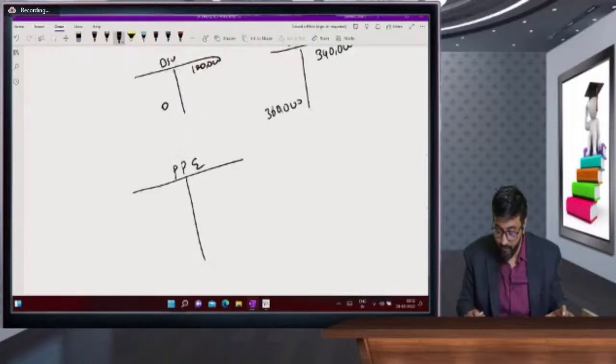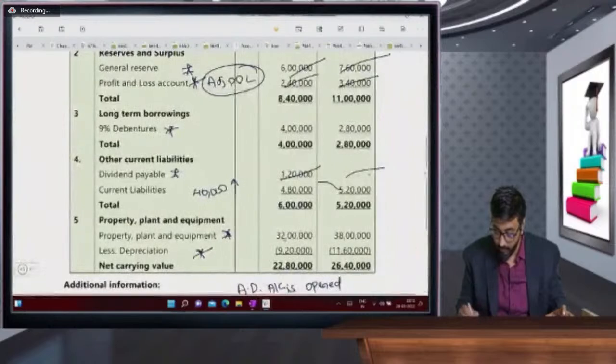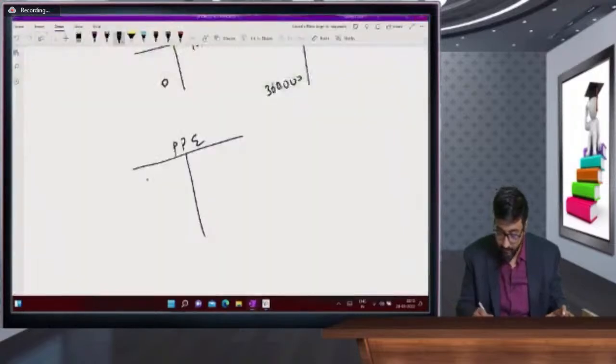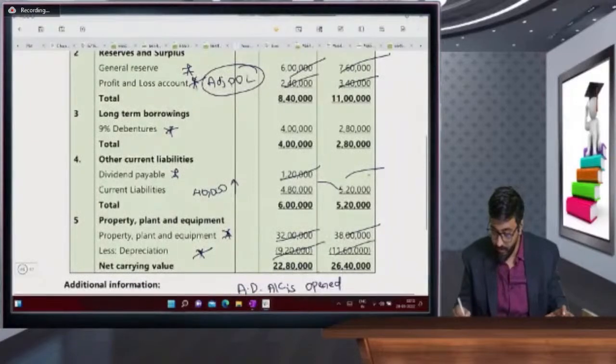Then property, plant and equipment account, 32 lakhs and 38 lakhs. And accumulated depreciation account, 920 and 1160.